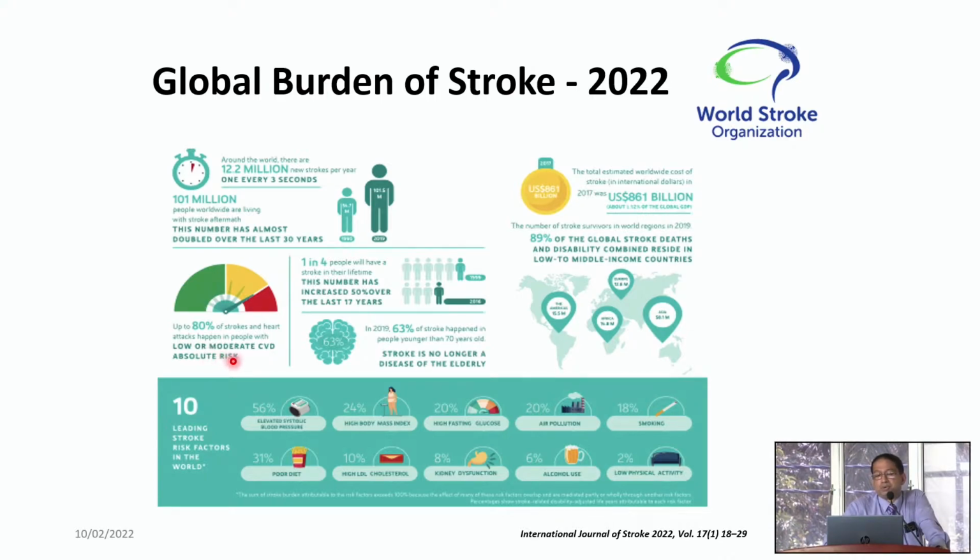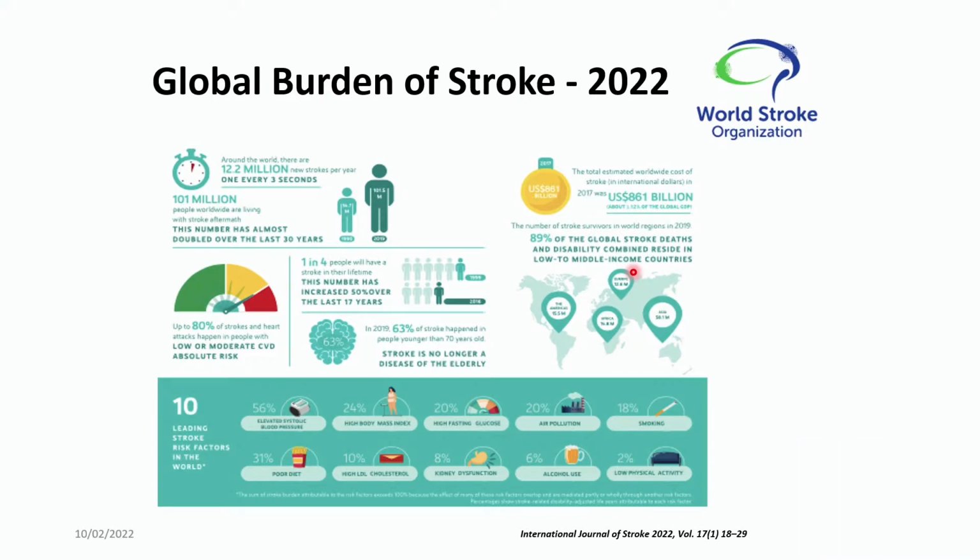So that's very important. And also 89% of global stroke deaths occur in countries like ours, low and low middle income countries. So we need to really improve our care to bring the numbers down and make the figures better.